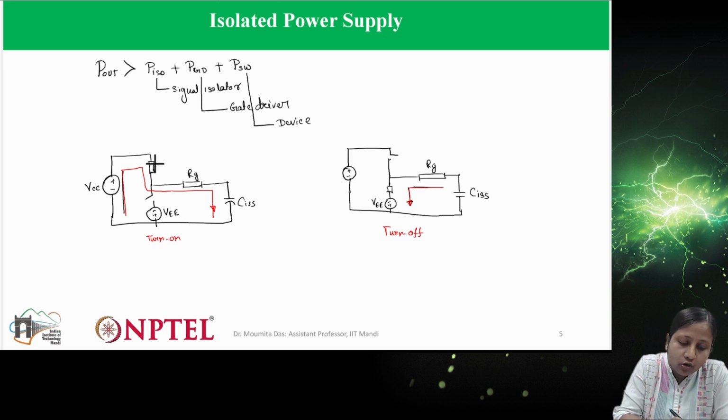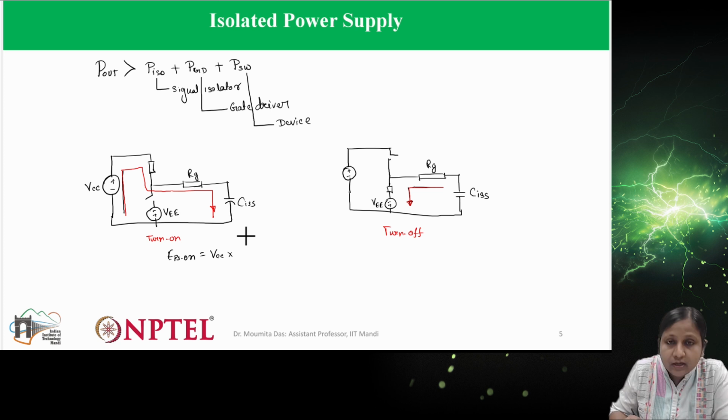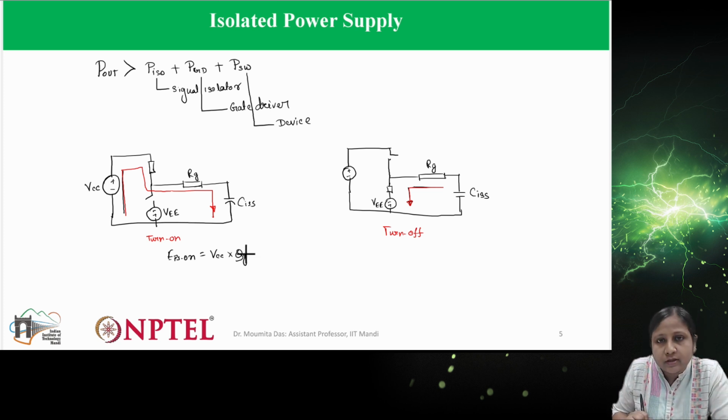During the turn on time, the energy which will be required we can denote as positive supply voltage multiplied by the charge required to charge this input capacitance.